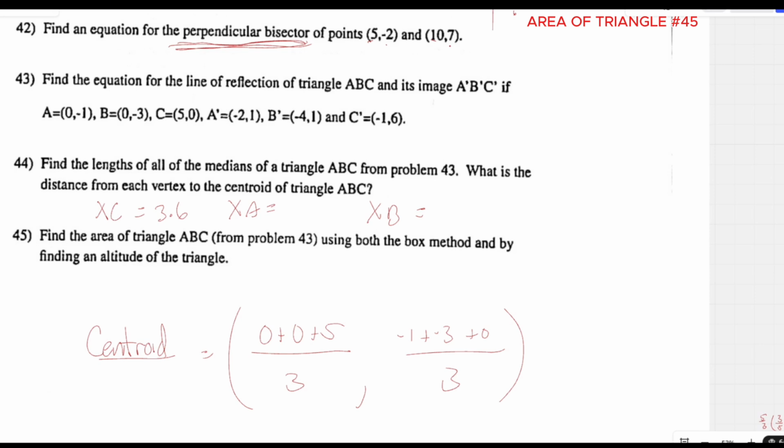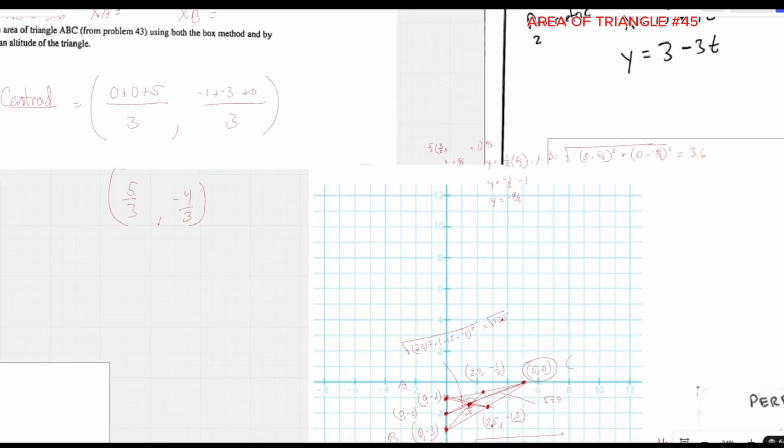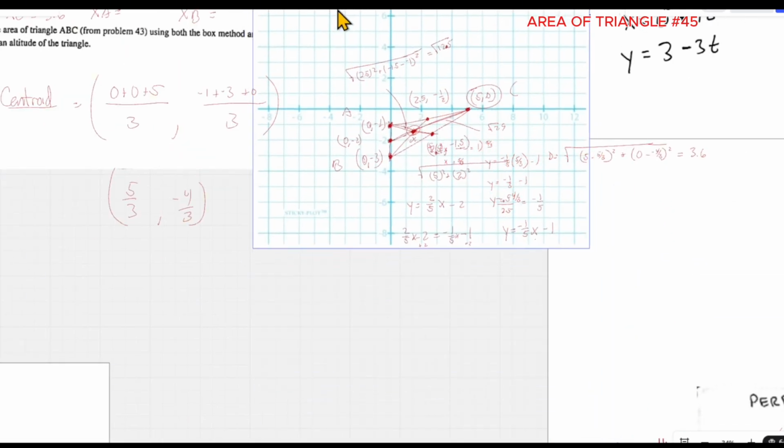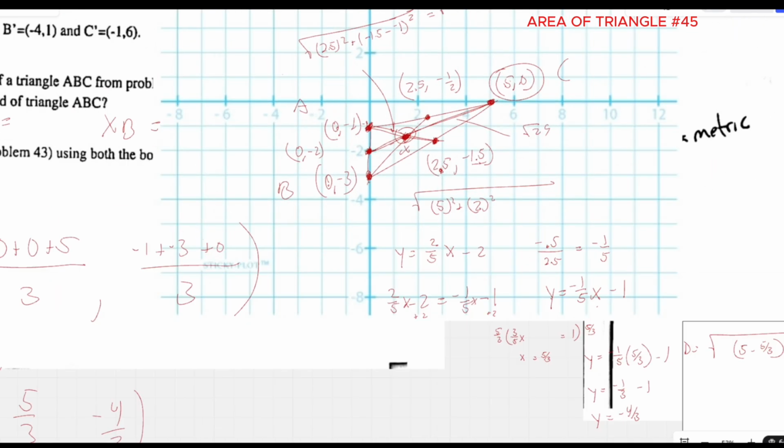Problem 45, area of a triangle, the one we graphed in problem 43. So it's this guy. So the area of a triangle, the formula for it is 1/2 base times height.